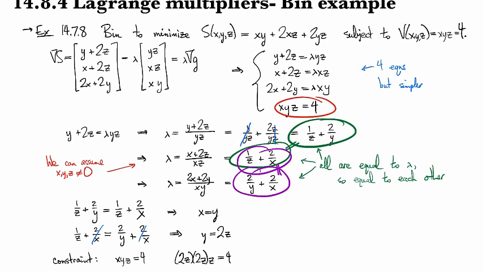So the equation looks like this. And then canceling the 4 from each side, I get z cubed equals 1, so z equals 1. And then I can tell that x has to be twice that and y has to be twice that. So my solution is 2, 2, 1, recovered just like it, and matching exactly what we found last time.